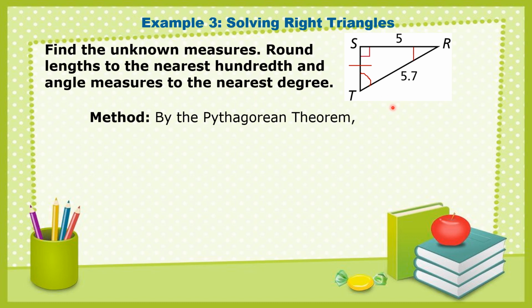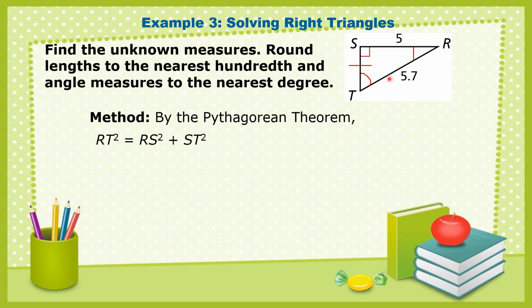It goes like this: the square of the hypotenuse is equal to the sum of the squares of the two legs.